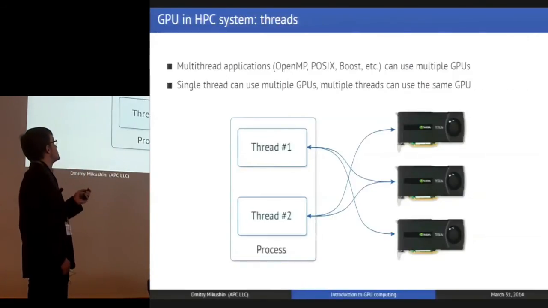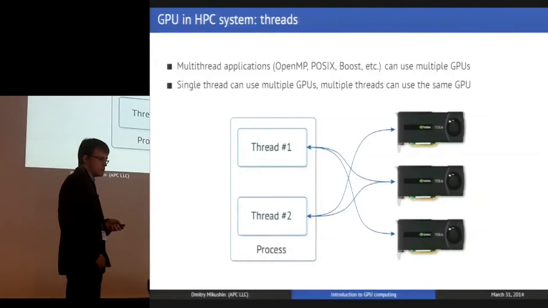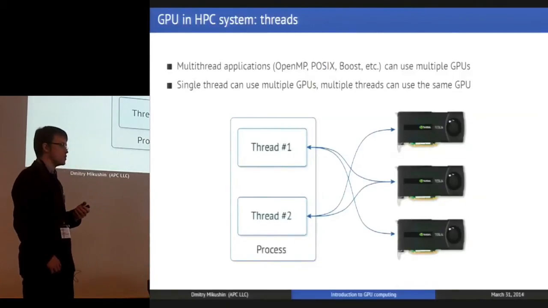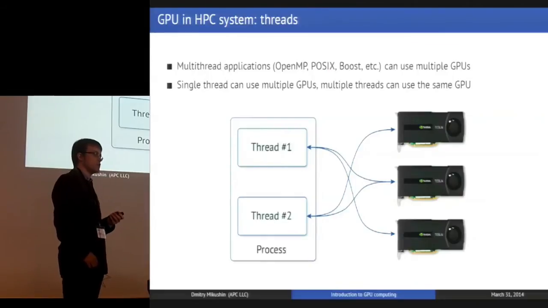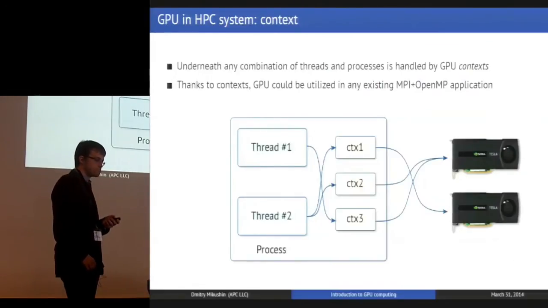The same thing with threads. Threads can also be assigned to individual GPUs or multiple GPUs, and that means that either OpenMP programs or MPI plus OpenMP programs can play together with multiple-GPU systems.